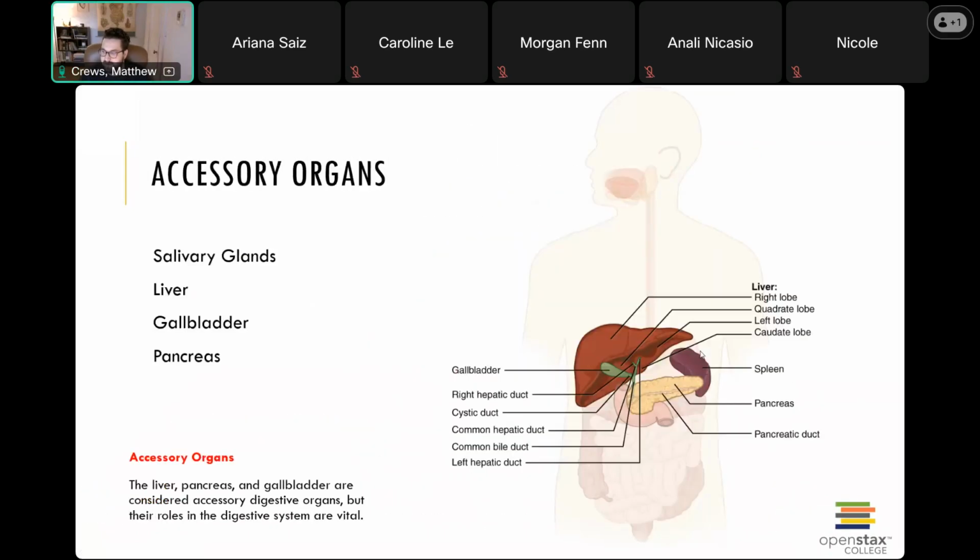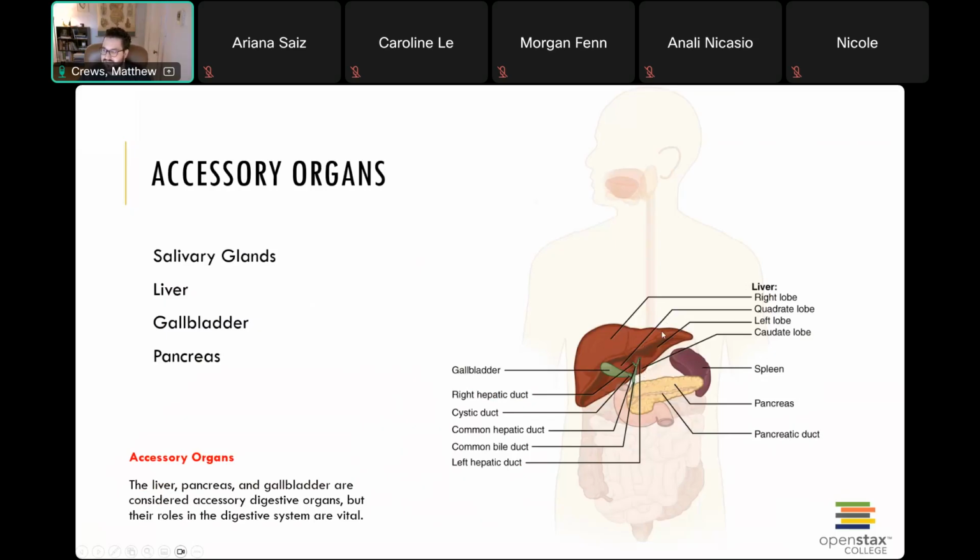Your liver has lobes. So you've got the right lobe right here, it's really big. And then you've got the quadrate lobe, which is the bottom part behind the gallbladder. And then you've got the left lobe and the caudate lobe. There's a little dangly lobe on the bottom side of your liver.